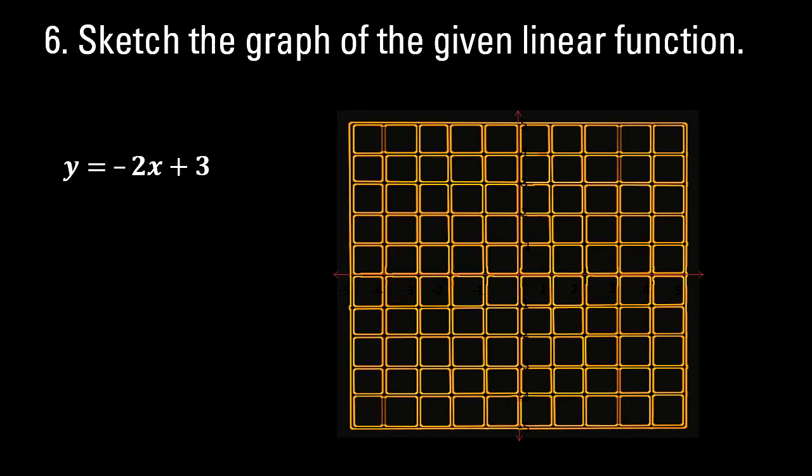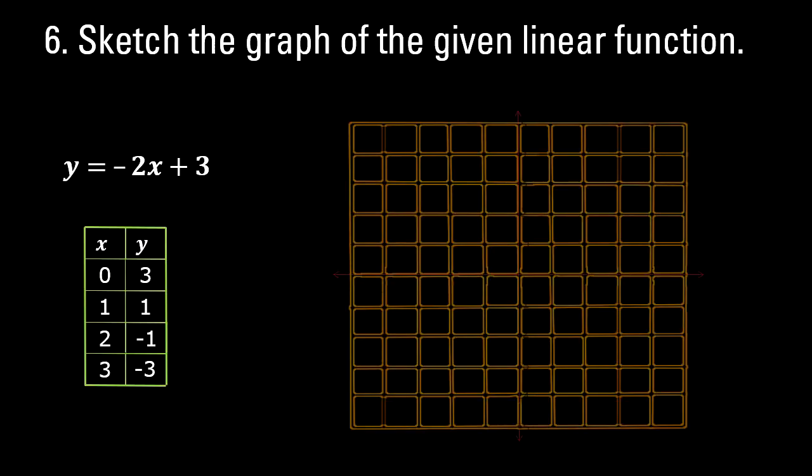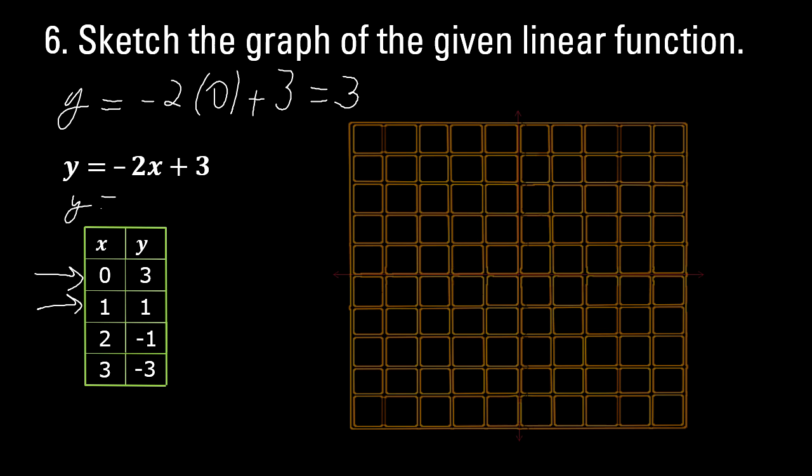Now, if we have y equal -2x plus 3, similarly, we're going to take a table of points. So when x is 0, y equal -2 times 0 plus 3, that's 3. When x is 1, y equal -2 times 1 plus 3, so that's -2 plus 3, that's 1.